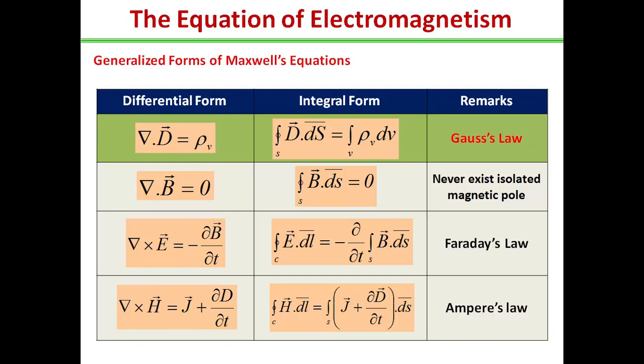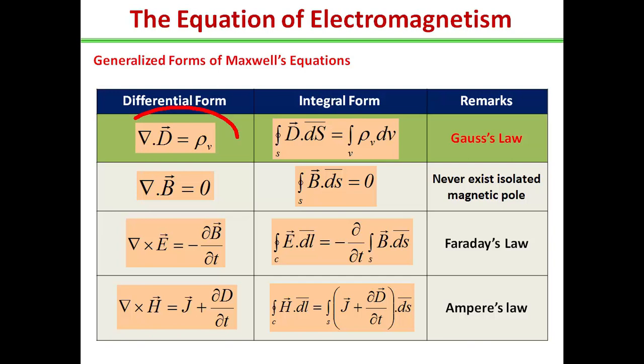You can see here this table has both the differential and integral forms of Maxwell's equations. The integral form shows the underlying physical laws, whereas the differential form is used more frequently in solving problems.